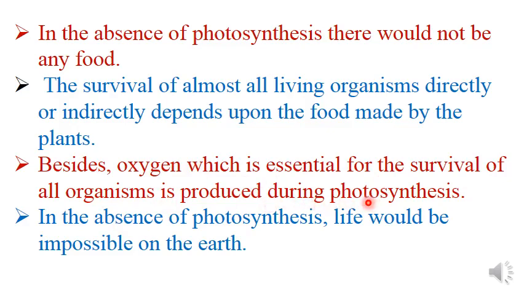So, oxygen is also the most necessary gas for the survival of living organisms, and for food we depend upon the plant, and the plant depends upon the photosynthesis process. So, in the absence of photosynthesis, life would be impossible on the earth. We cannot even imagine the situation if photosynthesis did not take place.